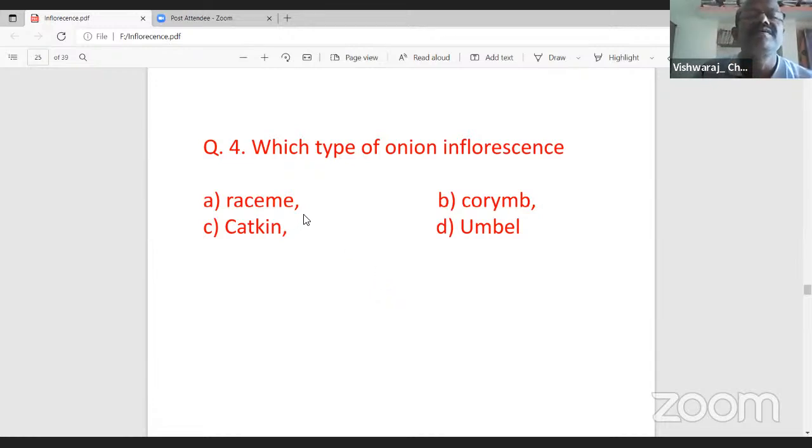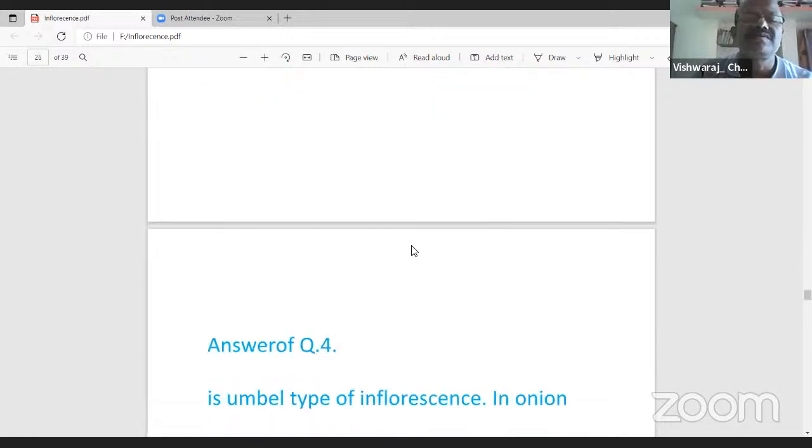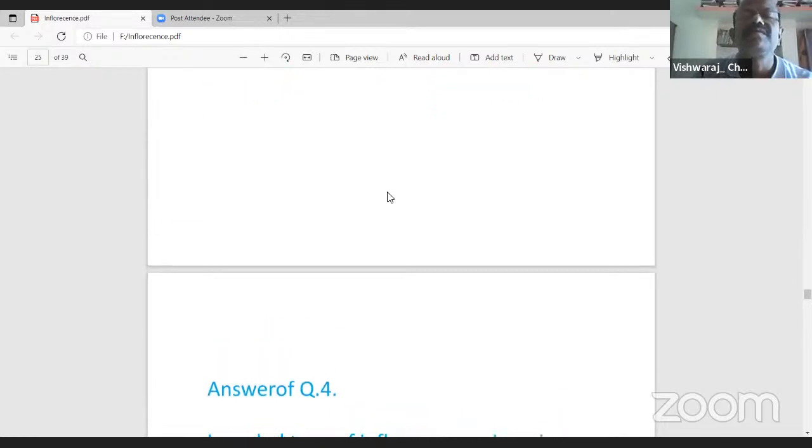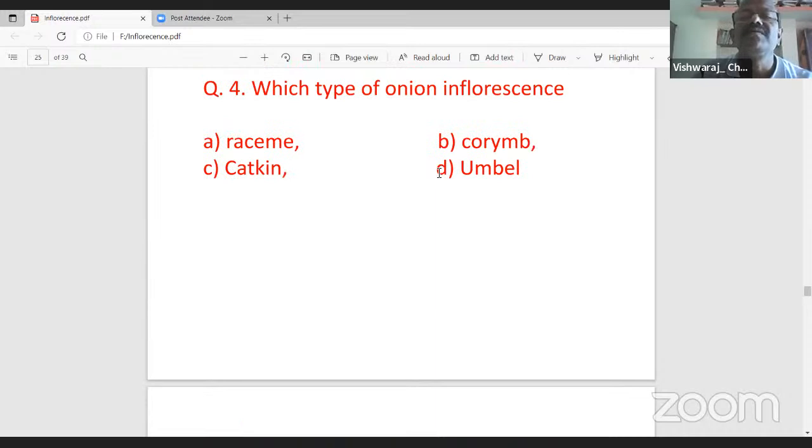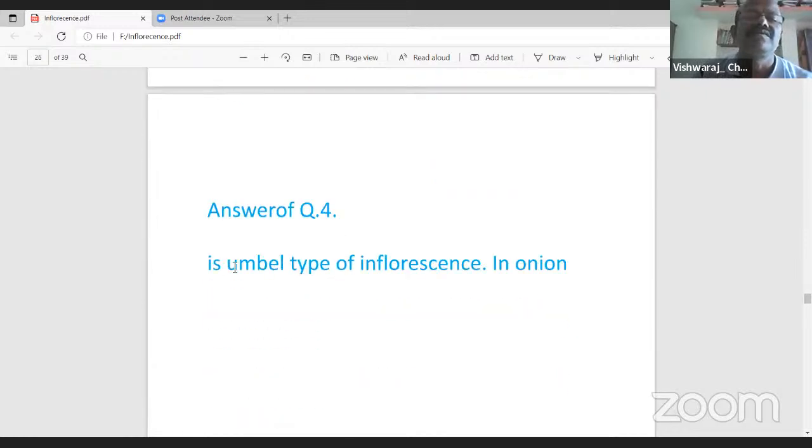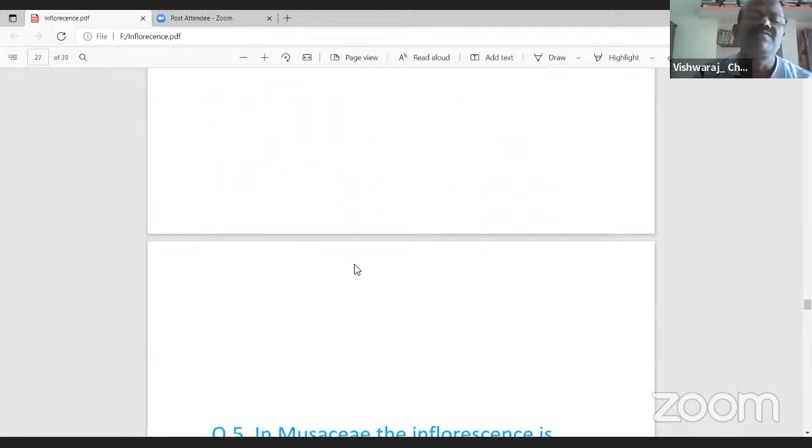Umbel is the type of inflorescence in onion.